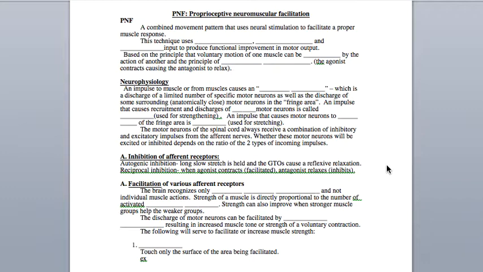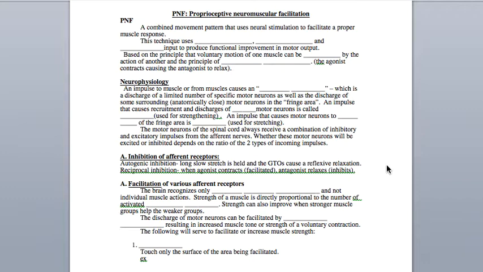So we're going to use PNF for strengthening, and we're going to use it for stretching, depending on what our goal is. The motor neurons of the spinal cord always receive a combination of inhibitory and excitatory impulses from the afferent nerves. Whether these motor neurons will be excited or inhibited depend upon the ratio of the two incoming impulses.